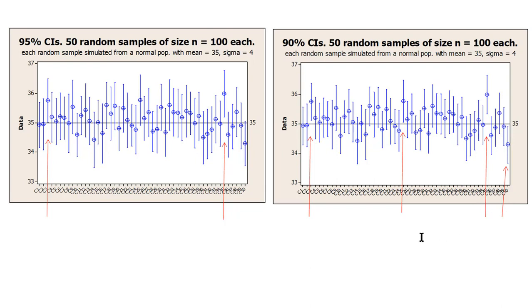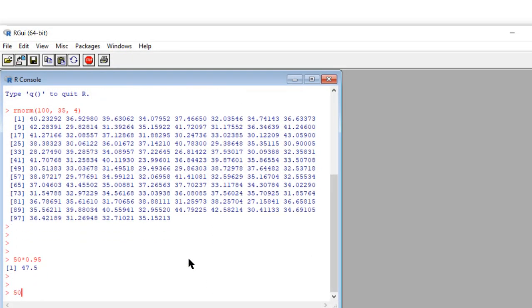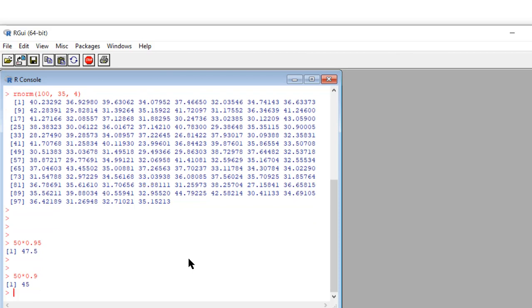In this case, most, again, of these intervals still contain the population mean of 35. But this time, when I say most, I'm referring to 90%. So what is 0.9 times 50? That's 45.